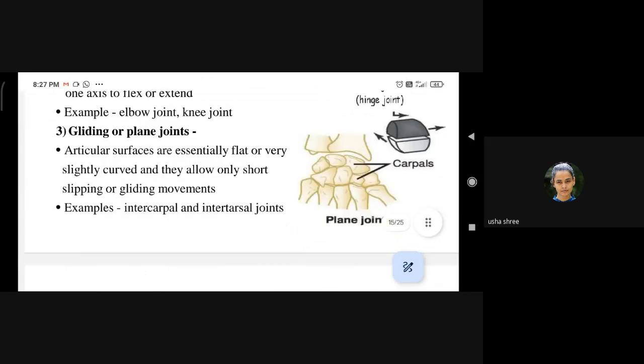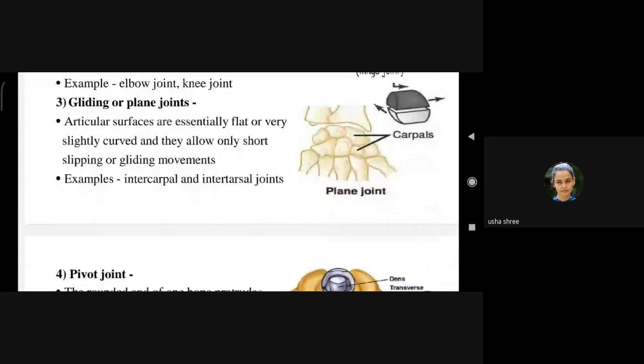Now, third is gliding or plane joints. Articular surfaces are essentially flat or very slightly curved and allow only short slipping or gliding movements. These articulating surfaces are essentially flat, and they allow only short gliding movements, like one bone gliding on another bone.